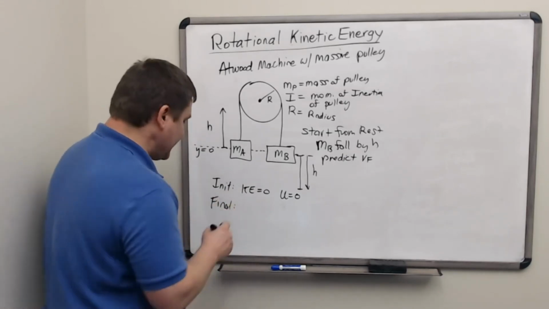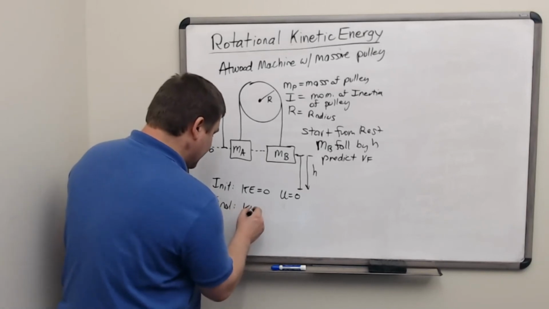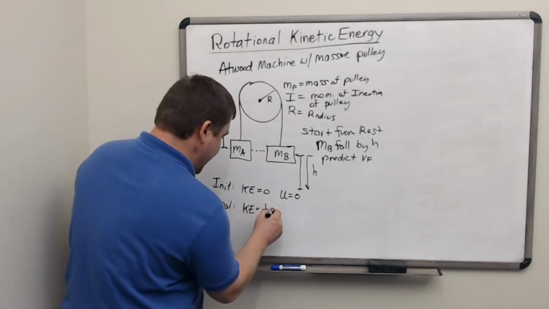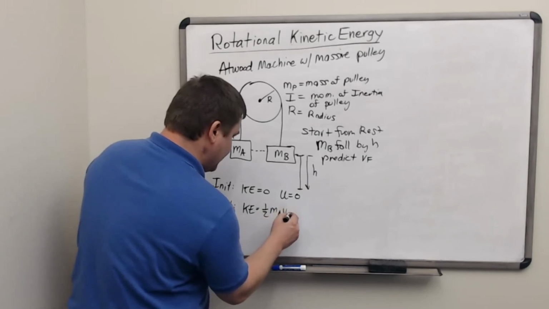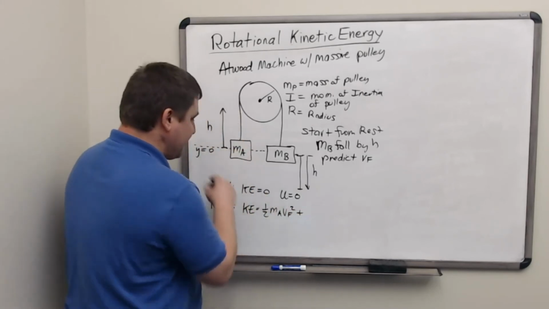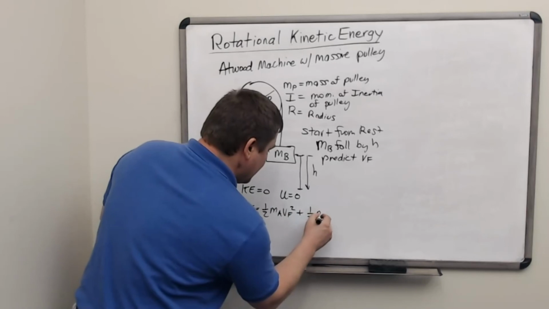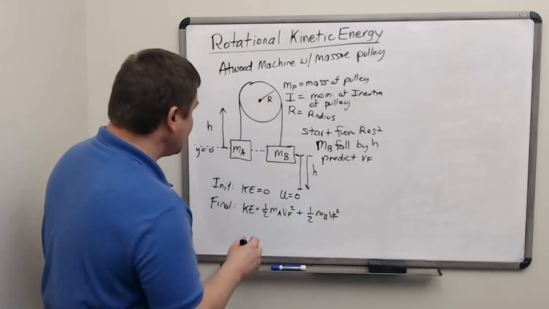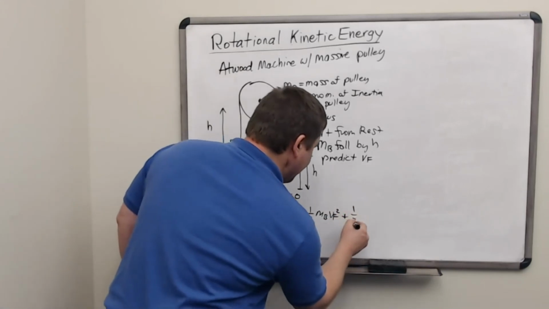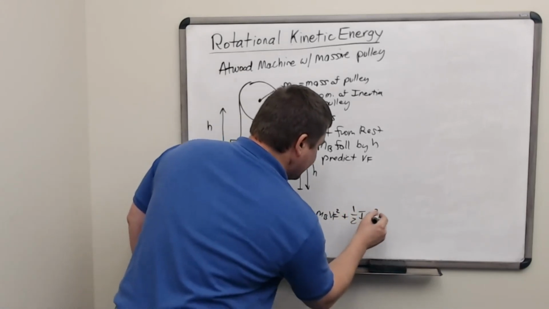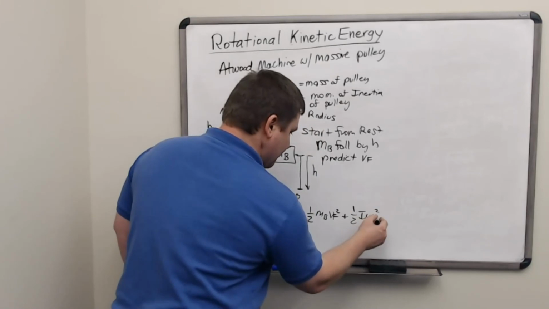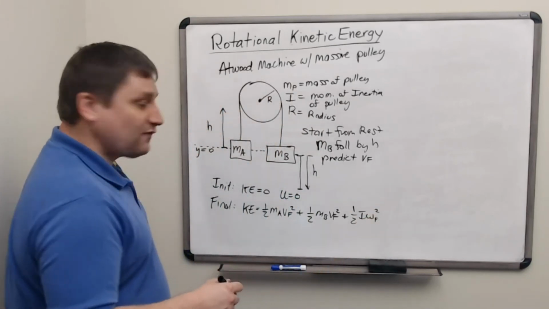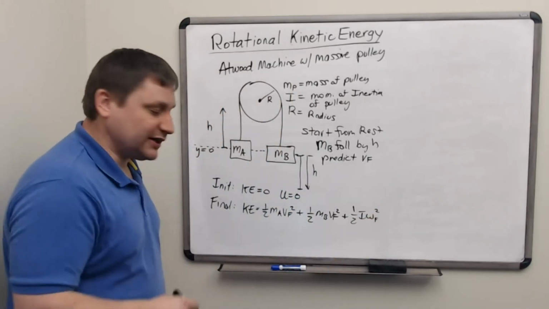In the final situation, our kinetic energy comes from 1/2 MA Vf squared for the motion of mass A, 1/2 MB Vf squared for the motion of mass B, and 1/2 I omega f squared for the motion rotationally of the pulley.